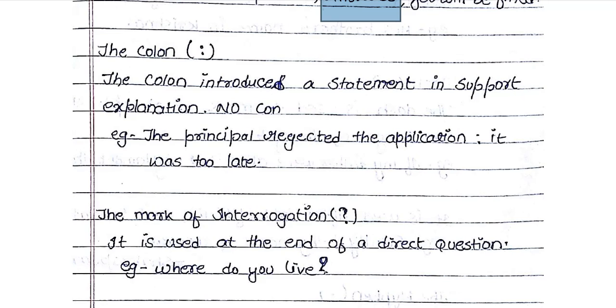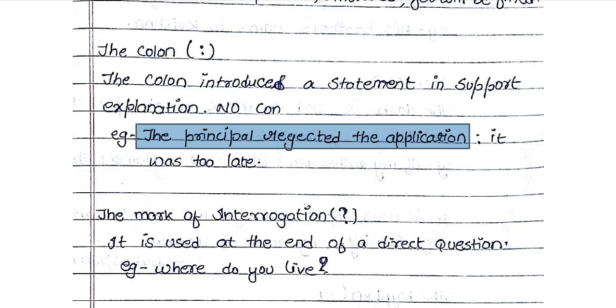Okay. For example, in this case, the principal rejected the application. This is the main line, and if you want to further explain this line, then you can use colon and then you can explain it as it's explained in this example.